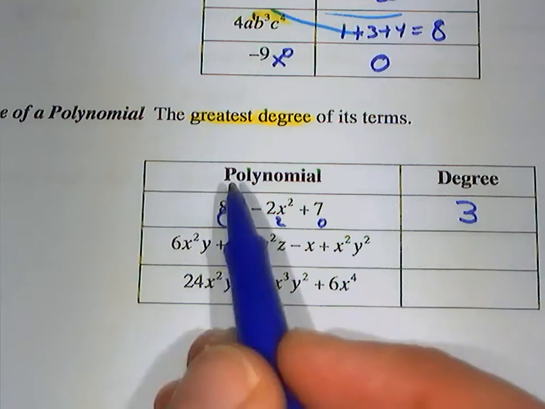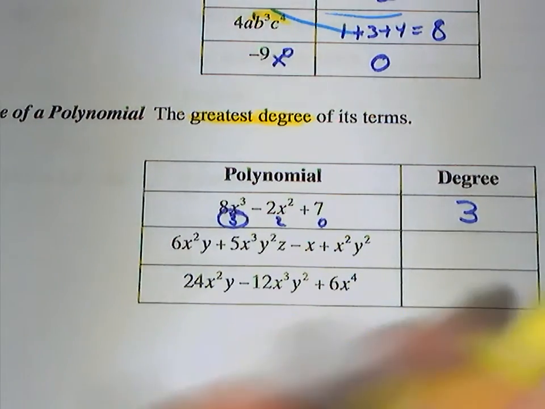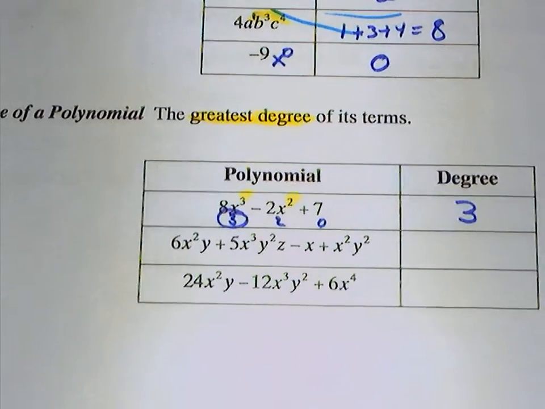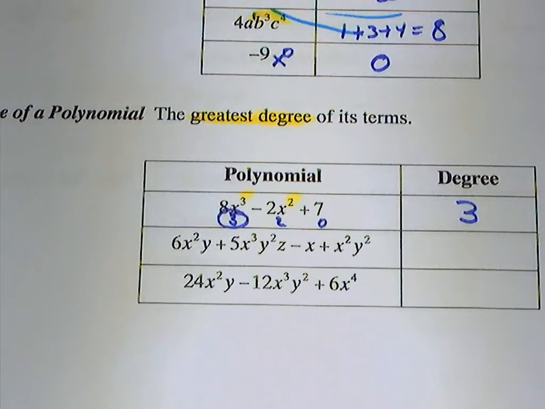You're just looking at the exponent here, guy. So you're just looking at this guy in terms of degree. Degree is only looking at the exponents of the variables. Okay, so that x cubed is to the third power, so that's degree 3. X squared is to the second power, that's degree 2. And then this guy has no x, no variable, so that's just 0.